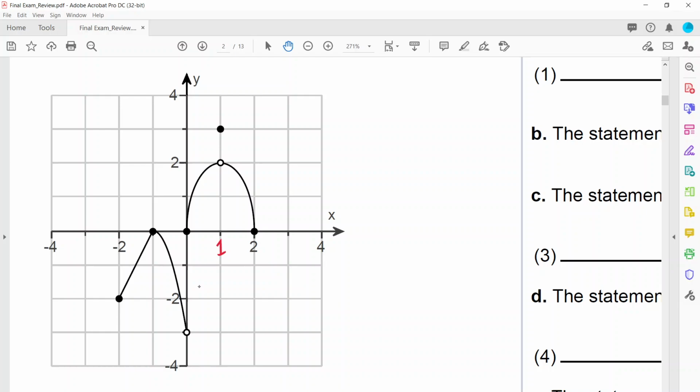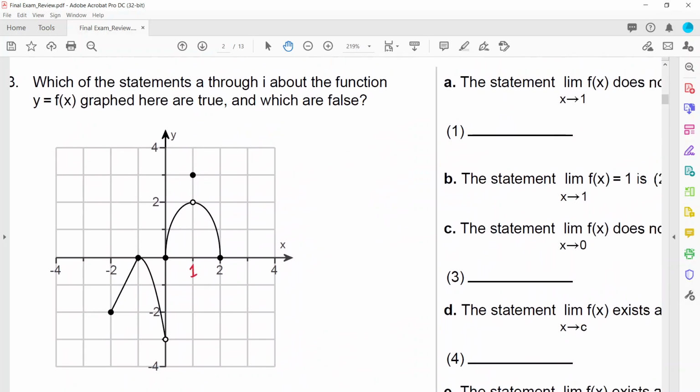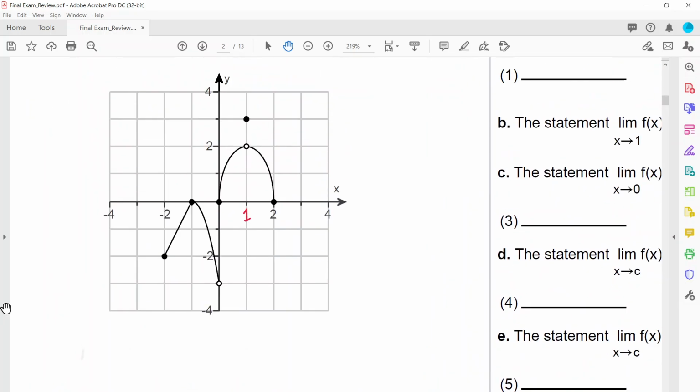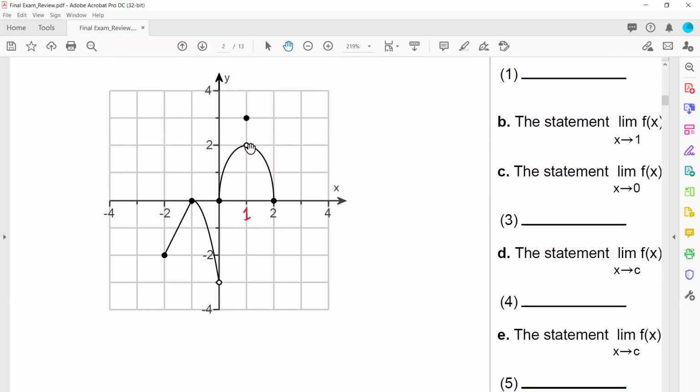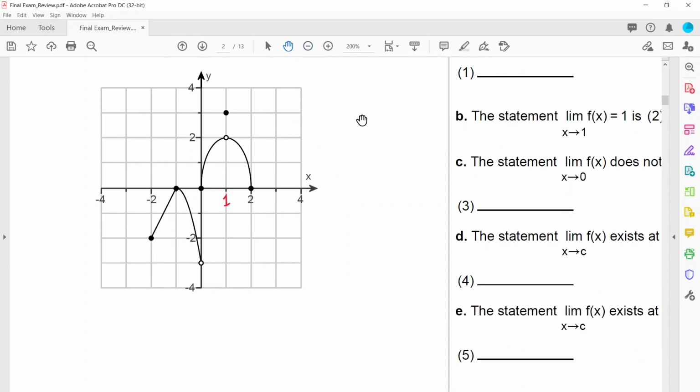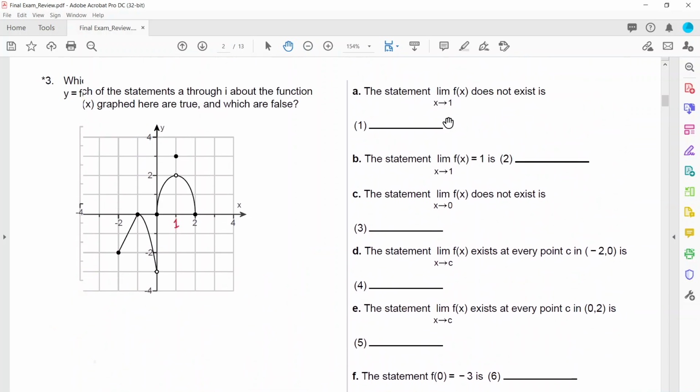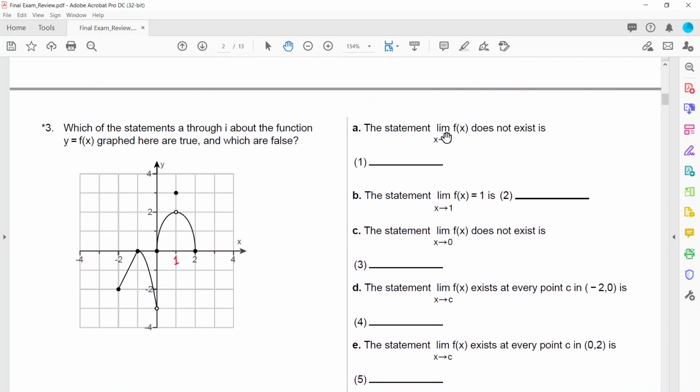That means the limit when x approaches 1 should be 2, it exists. So this statement is false. If you go back here, the statement that the limit as x approaches 1 of f of x does not exist is false.